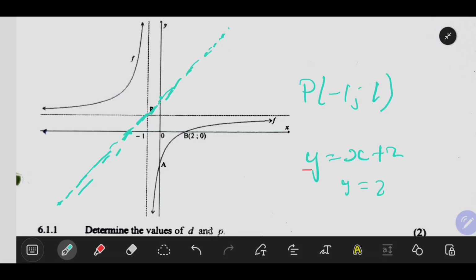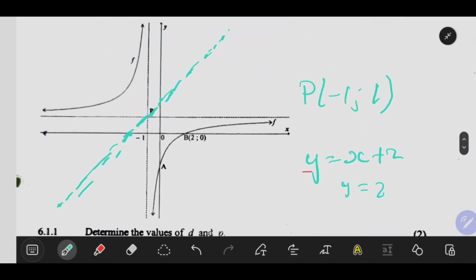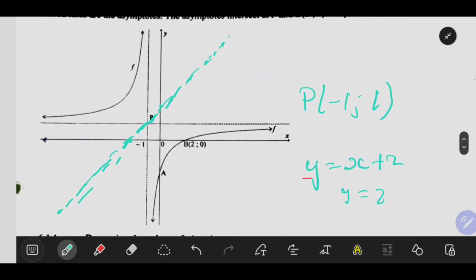So they want you to write down the coordinates of the image of B if B is reflected about this line. So for us to have a mirror image of point B, we must just swap the coordinates of B. X becomes y and y becomes x.